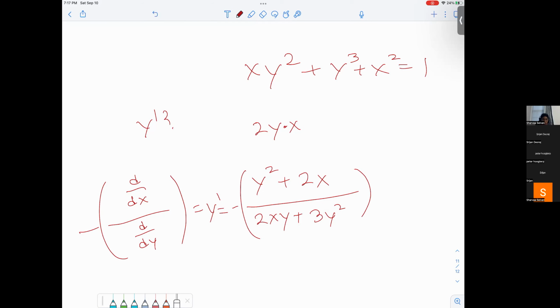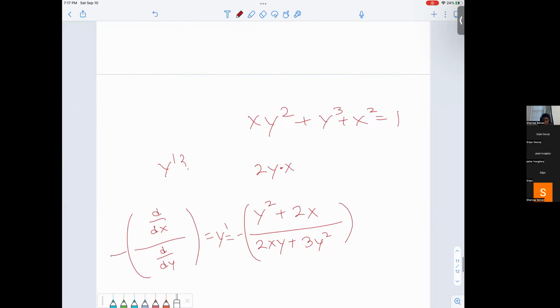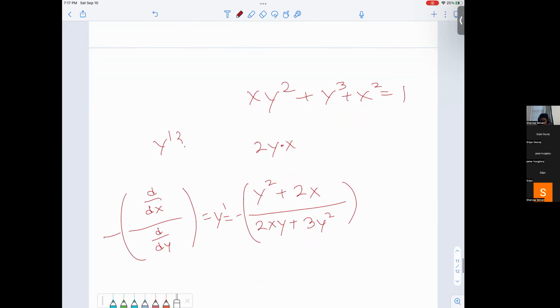And why is this very useful? It means that if they say 2 points, say they say y is equal to 1, and then they say x is 0. So they say at the point, what is y prime at the point 0, 1.